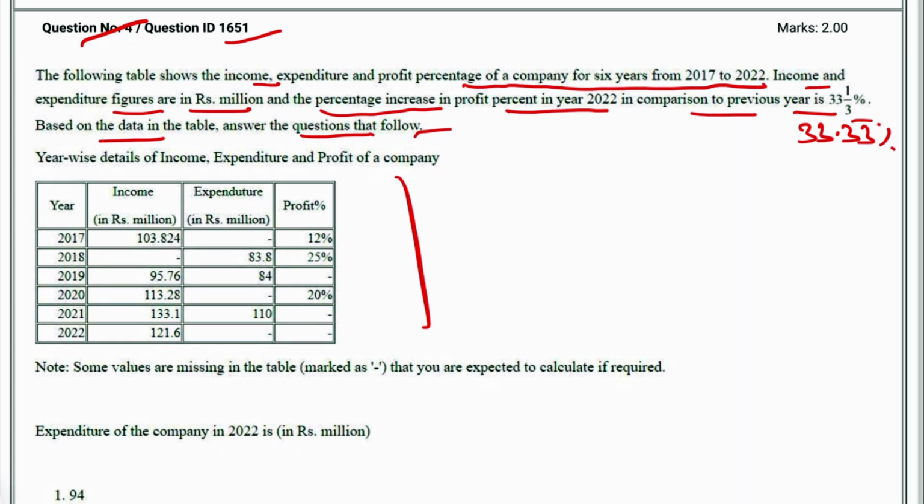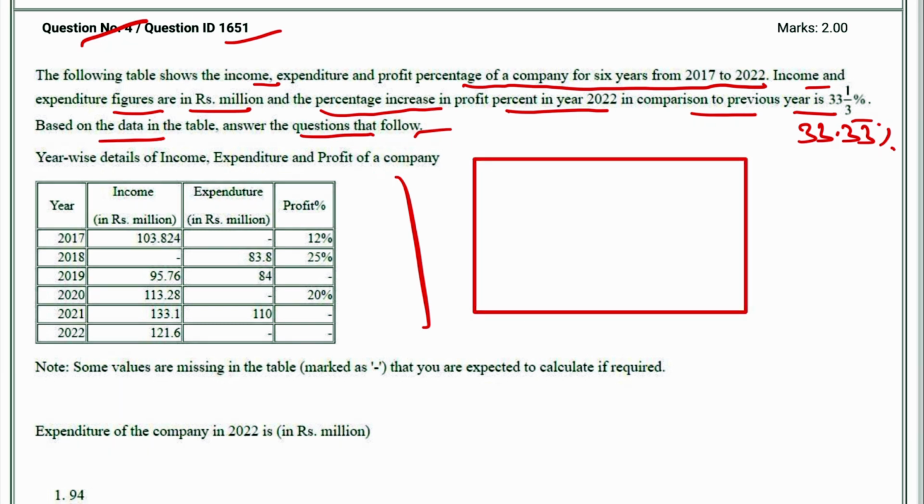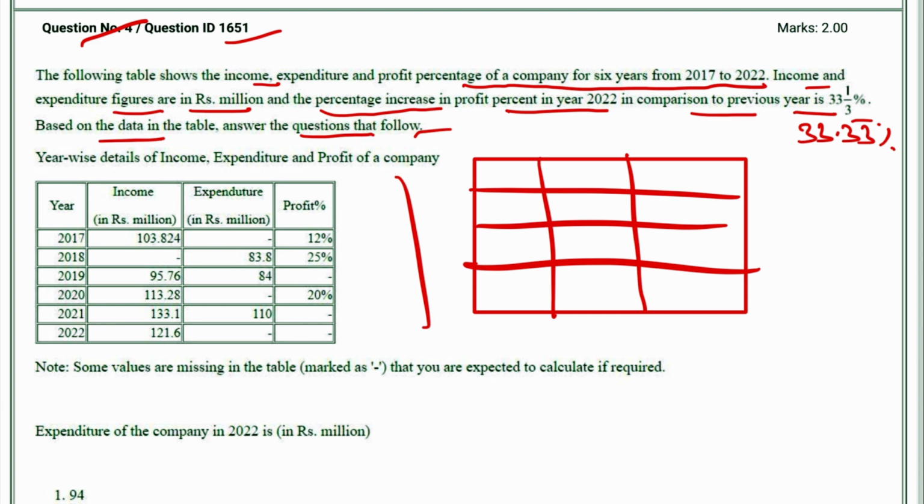Whenever you go to the UGC NET exam, you will get a rough sheet. So you always need to make this chart on your rough sheet and fill all the blanks. Here it will be 92.7. How? You need to calculate 103.284 into 100 divided by 112. How 112? Is it 12%? So it will be 112.